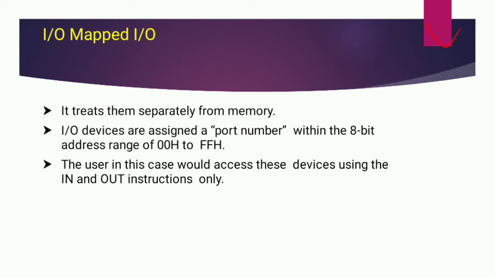In IO mapped IO, the addresses assigned to memory locations can also be assigned to IO devices, since the same address may be assigned to a memory location or an IO device.